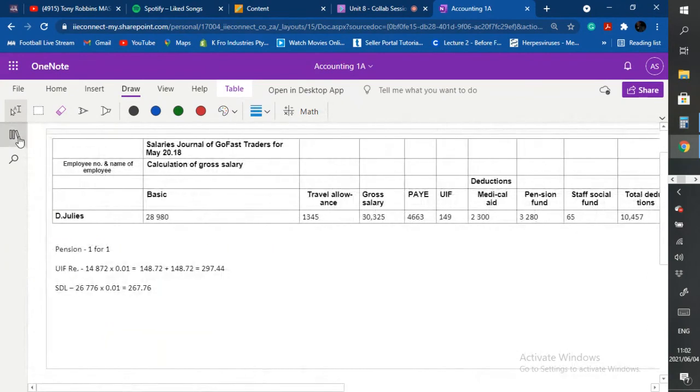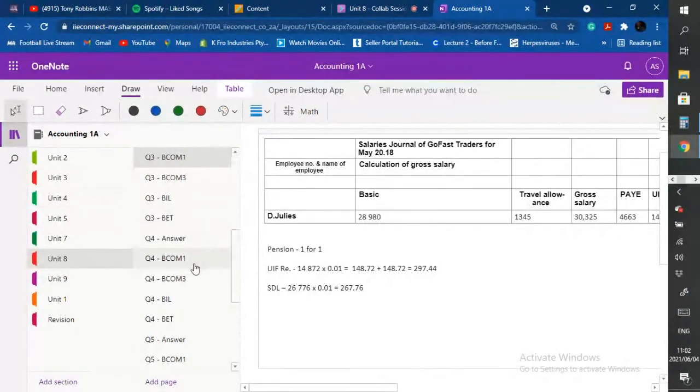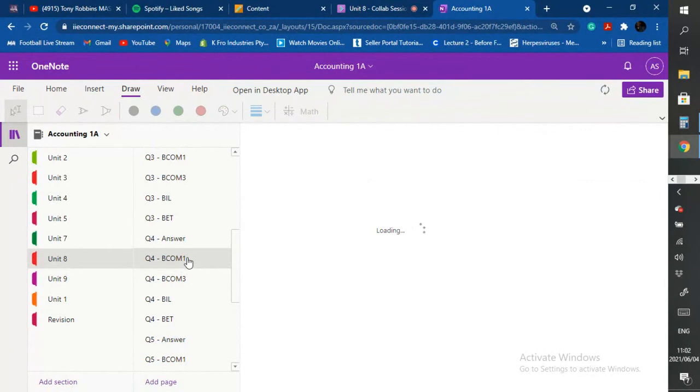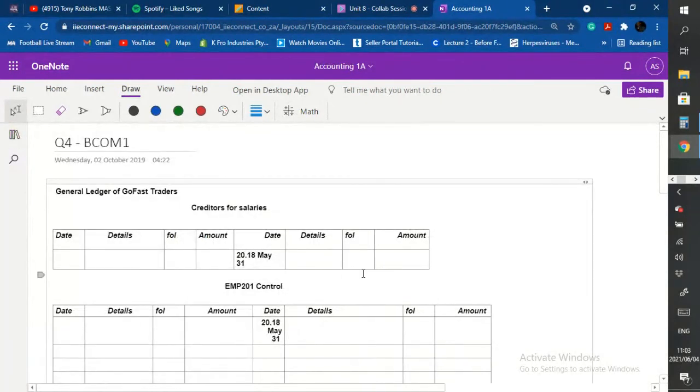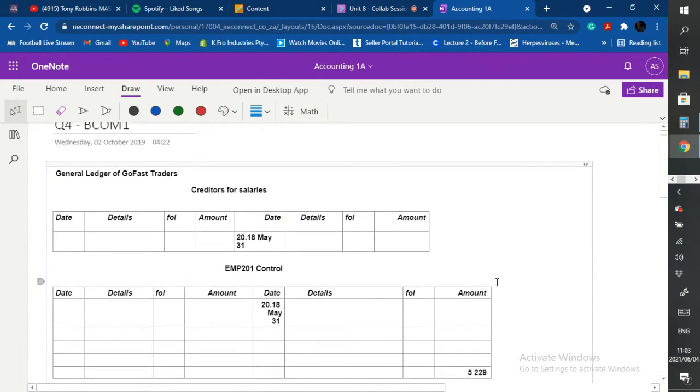Let's see how we go about that. So we want to go to question 8.4. I don't think we will get through all of it before the break, but we will start it.